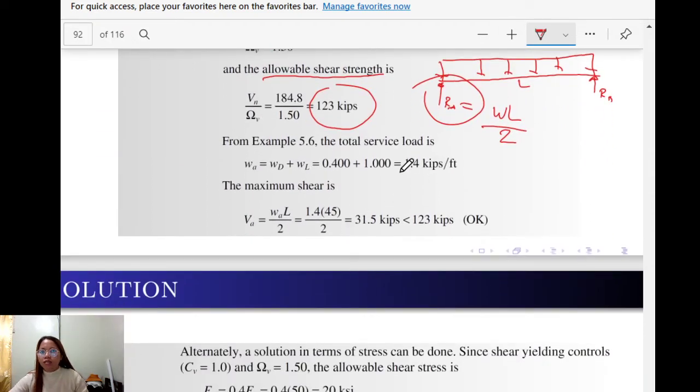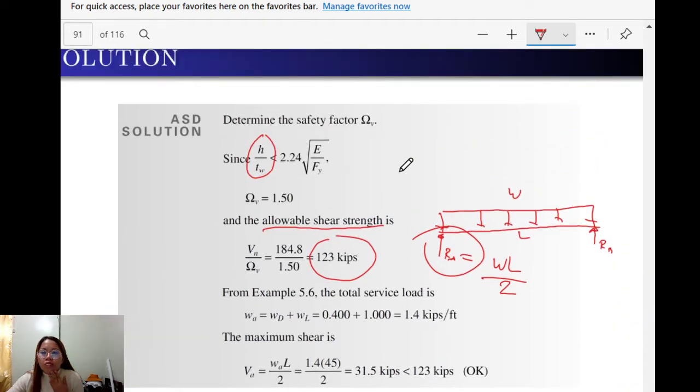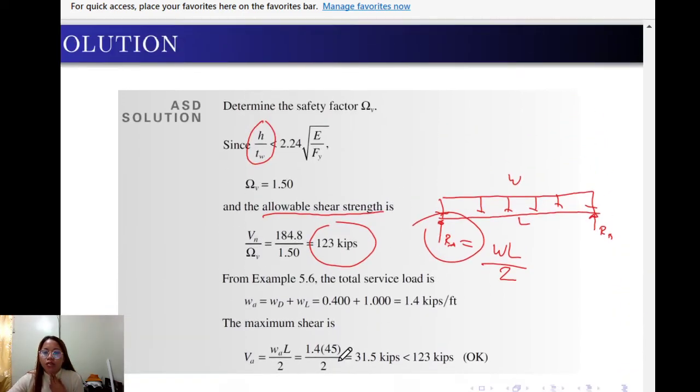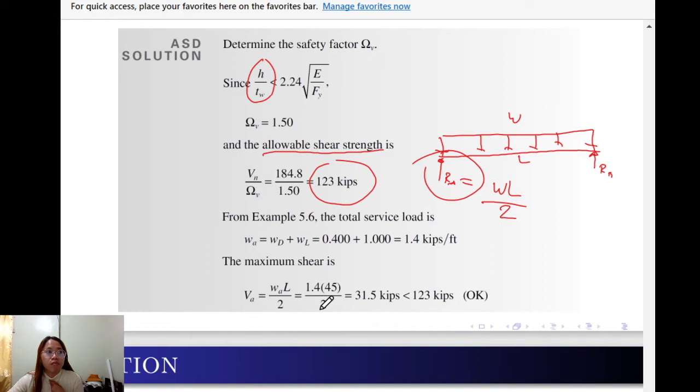So the total service load by the ASD solution is 1.4 times the length of the beam, 45, divided by 2. And we will get 31.5 kilopounds, which is less than the allowable shear strength. So this is okay.